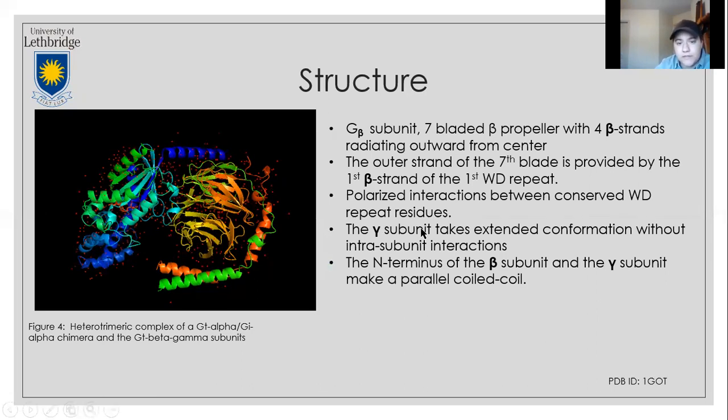Another point is that the gamma subunit takes an extended conformation without any intra-subunit interaction, so it can exist on its own. And the N terminus of the beta and gamma subunits make a parallel coiled conformation.